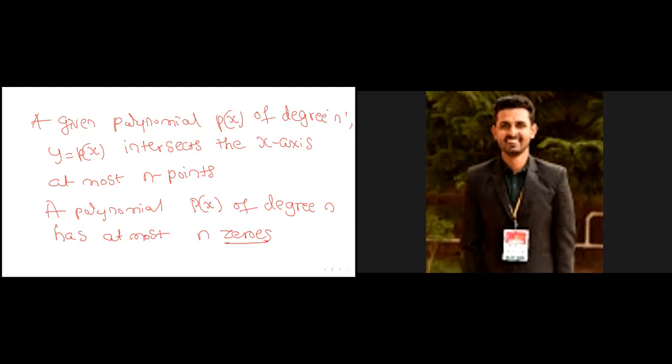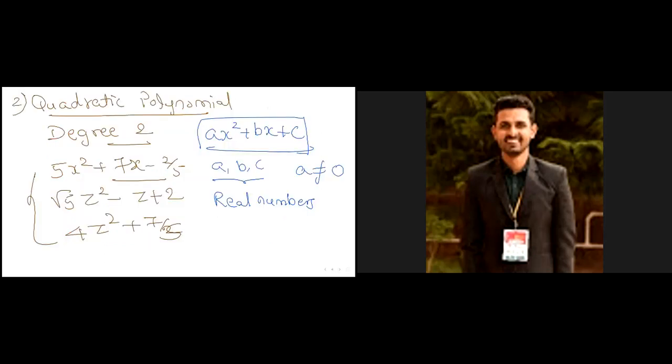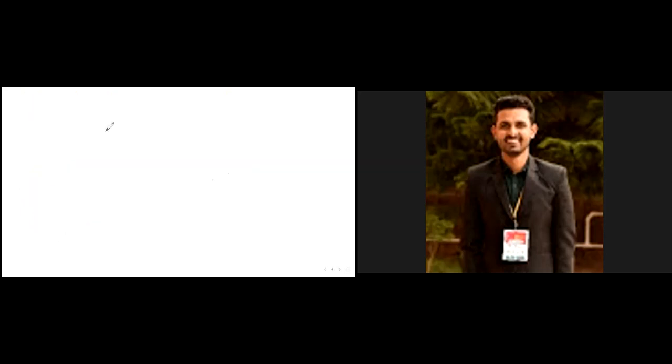If I consider a cubic polynomial, then how many zeros can it have? A cubic polynomial can have at most 3 zeros, and a quadratic can have at most 2 zeros. Also a linear can have at most 1 zero. Is that clear for everyone? Got it?